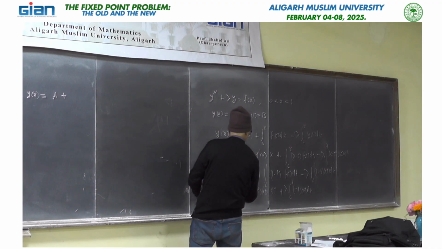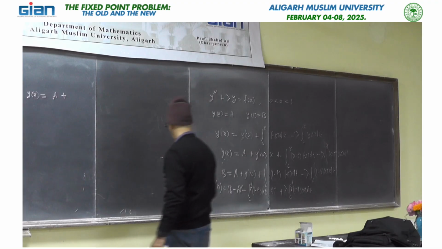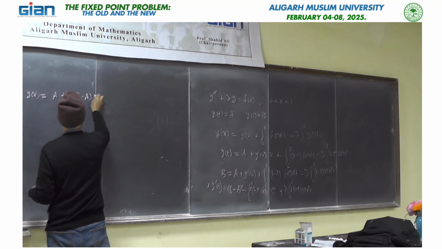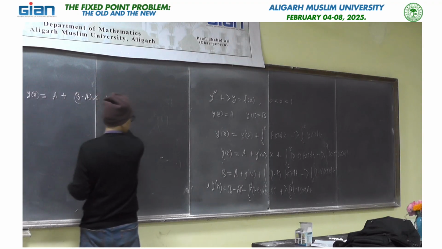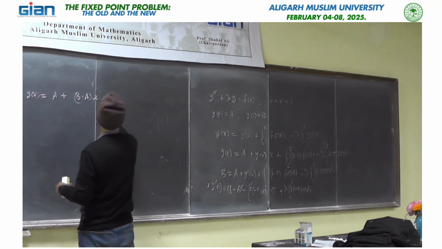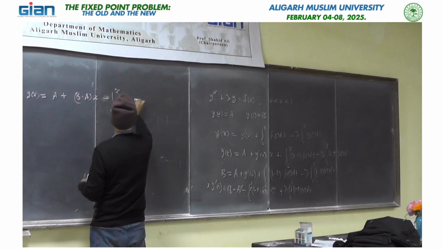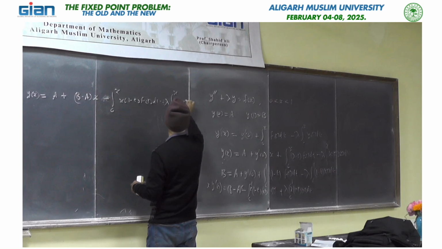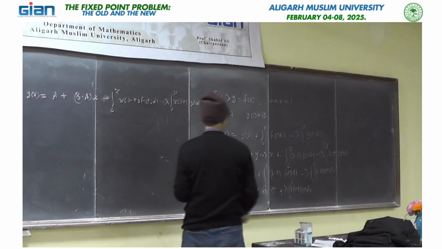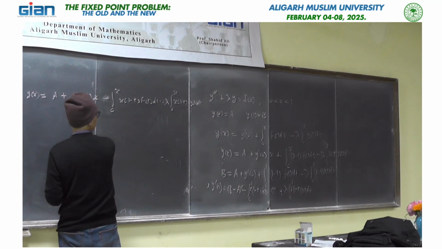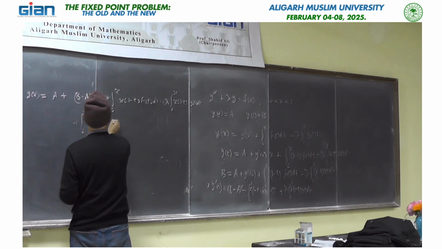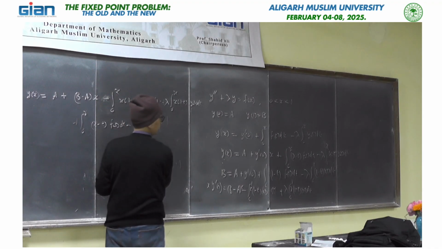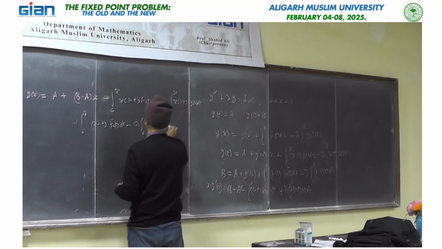So, a plus (b minus a) times x, plus, sorry, this is minus here, minus the integral from 0 to 1 of x (1 minus t) f(t) dt plus lambda times the integral from 0 to 1 of x (1 minus t) y(t) dt, and then the remaining terms there, plus the integral from 0 to x of (x minus t) f(t) dt and minus lambda times the integral from 0 to x of (x minus t) y(t) dt.